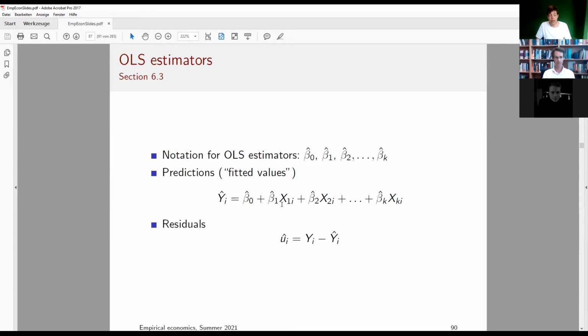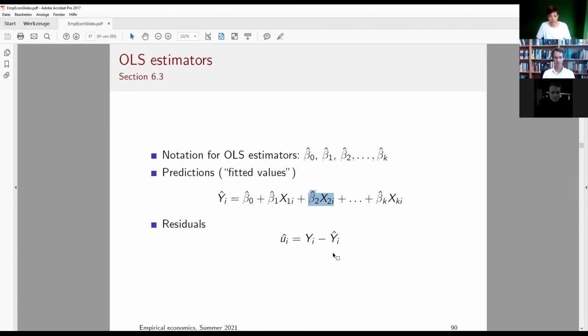And predictions are then, of course, not computed by only including a single regressor into the model like we had before with a simple linear regression model. The prediction for the test score now depends on class size and, of course, on the English learners percentage in our school district. So we have to include all the variables that we have in the regression model into our prediction.